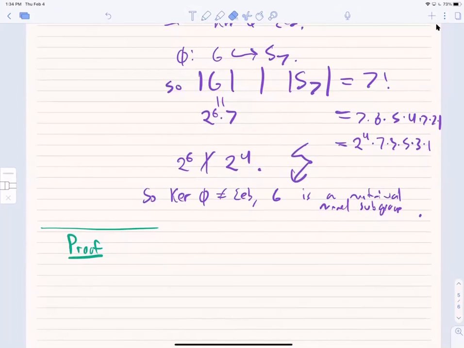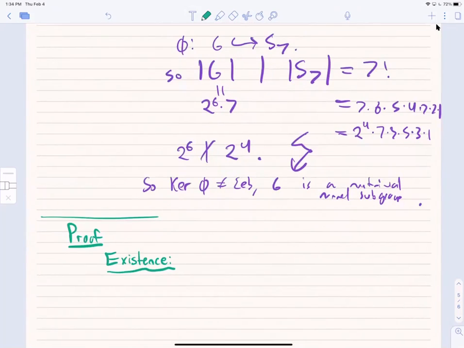We have 10 minutes, so let's show existence, and then we'll come back on Tuesday to show the rest. We're going to argue by induction on the order of the group.